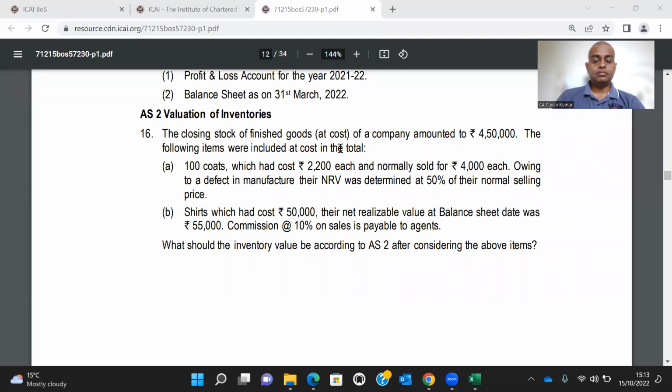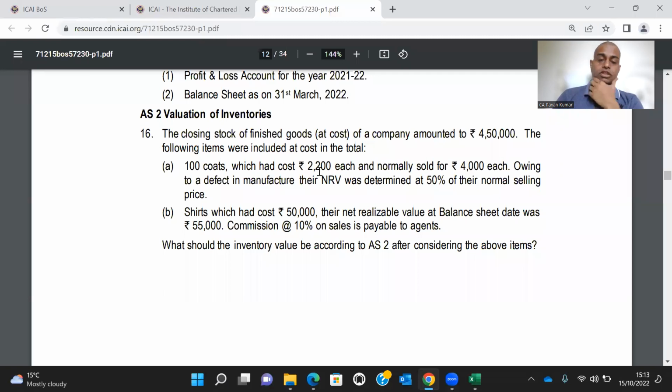The following items were included at cost in the total. 100 codes which had cost rupees 2,200 each and normally sold for 4,000 each. Owing to a defect in manufacture, their NRV was determined at 50% of their normal selling price.